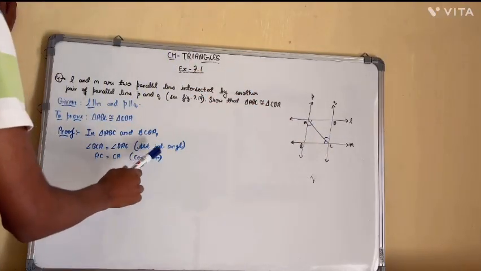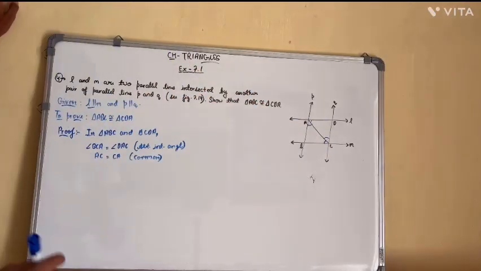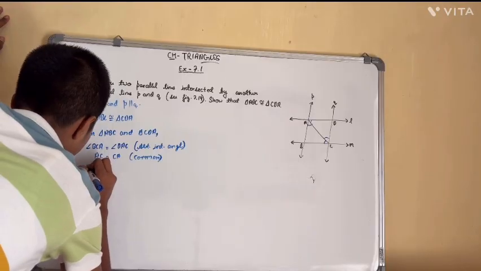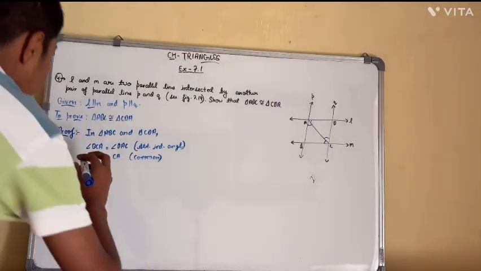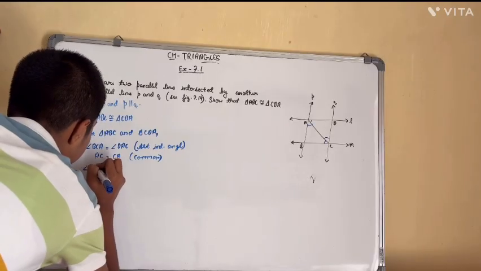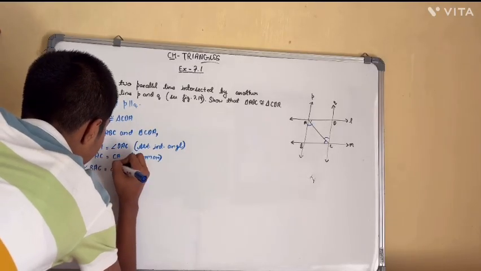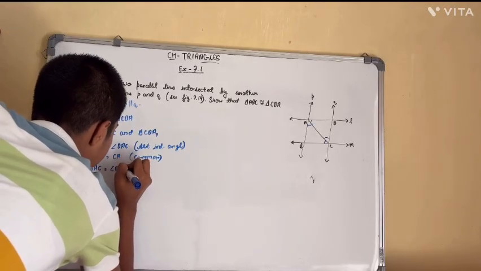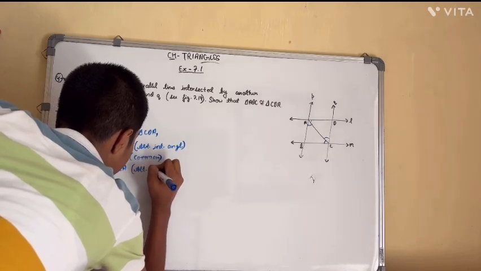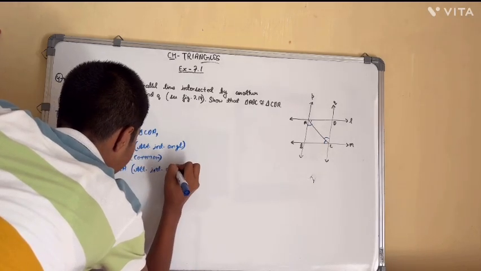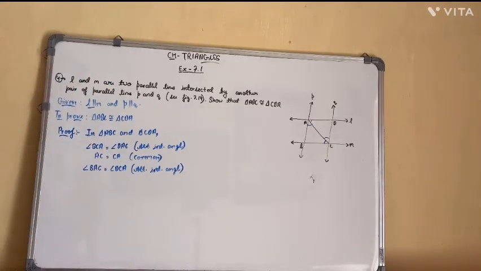This also alternate interior angle, and these two also alternate interior angles. So we can say that angle BAC is equal to angle DCA. Why? Alternate interior angles.